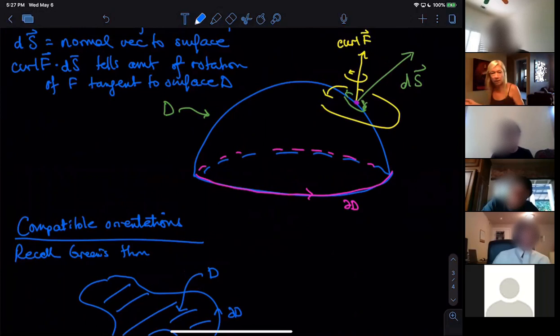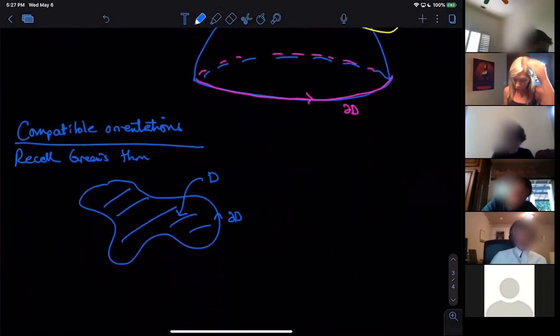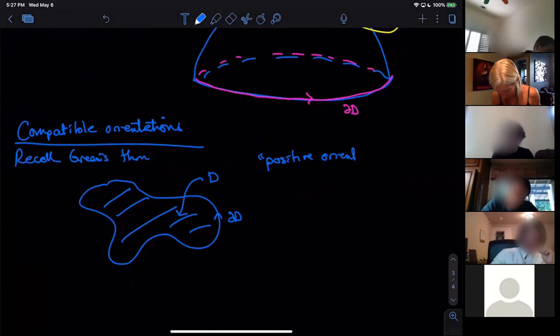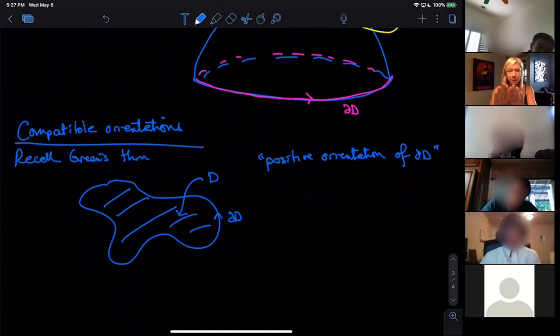What else do we need to talk about? All right, let's talk about compatible orientations. For Green's theorem, we had an idea of positive orientation of the boundary. The reason we could call it positive orientation, and we didn't have to say anything about compatible, is we were just stuck in the plane.